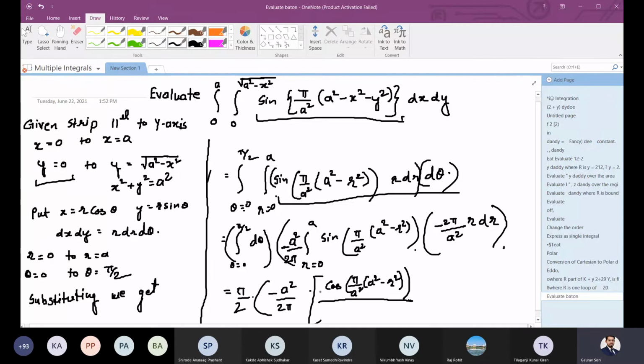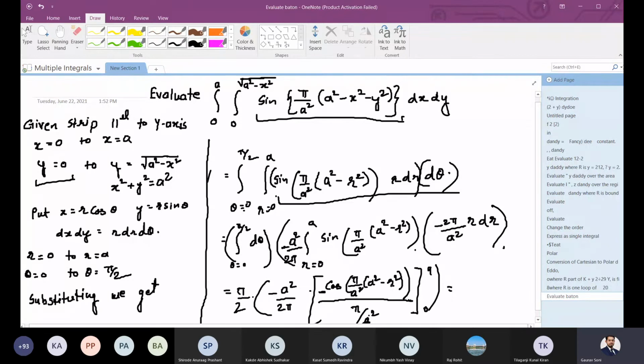Integration of sine is equal to minus cos divided by pi by a square. Limits from 0 to a.